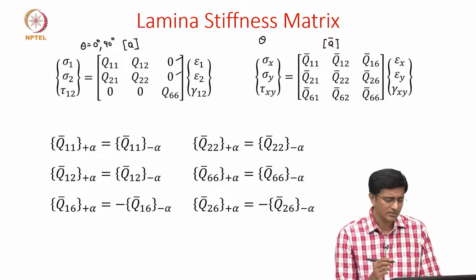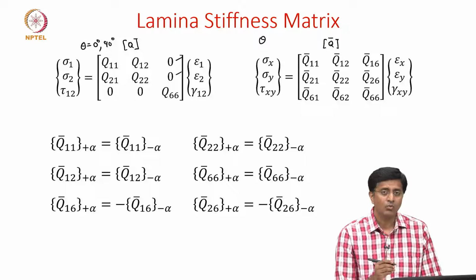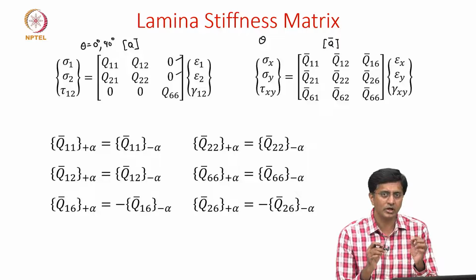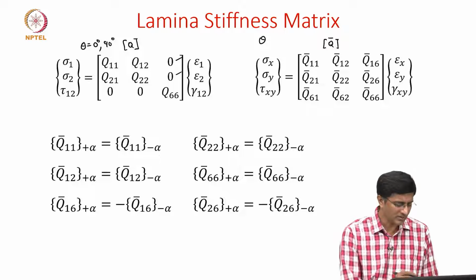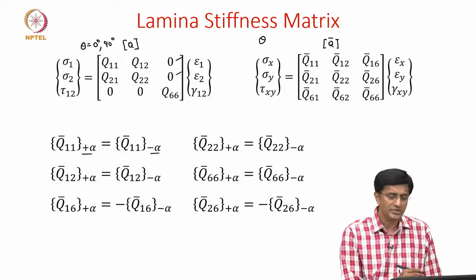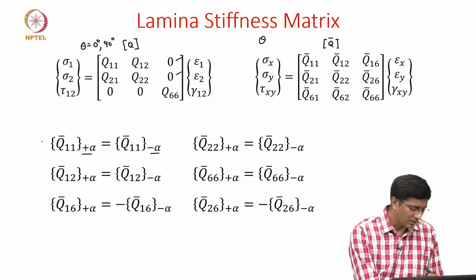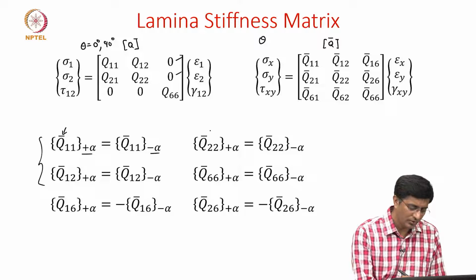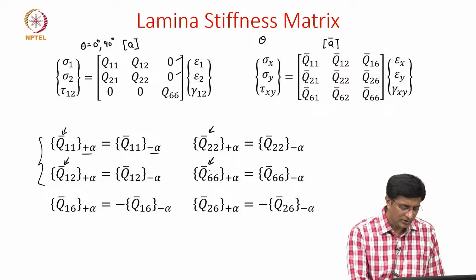But in the last class, we also mentioned what if there are two laminas, both made of the same material and same thickness, but the only difference is they are at two different angles, plus alpha and minus alpha. In that case, four terms remain the same: Q11, Q22, Q12 and Q66.